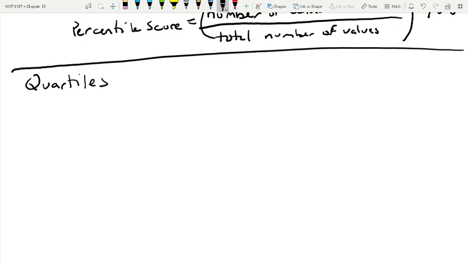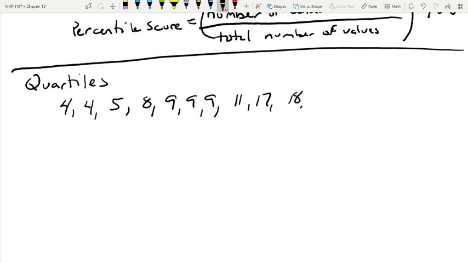Let's go back to my original set of numbers from before, written in numerical order: 9, 9, 11, 17, 18, 21, 25, and 30. And let's put in our median, which we said was here. This was my median.